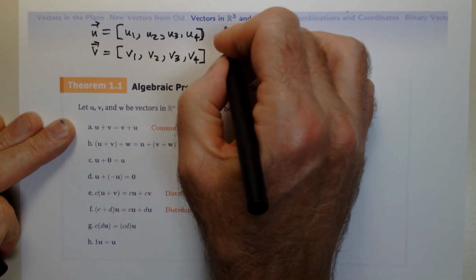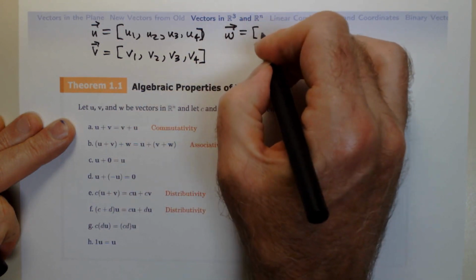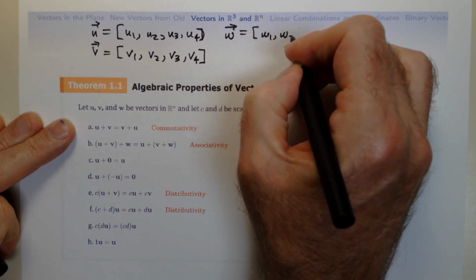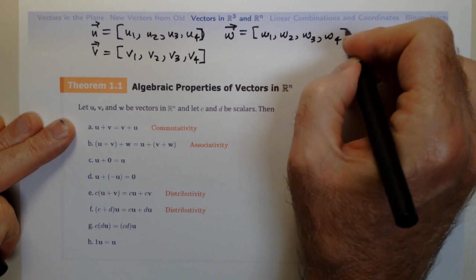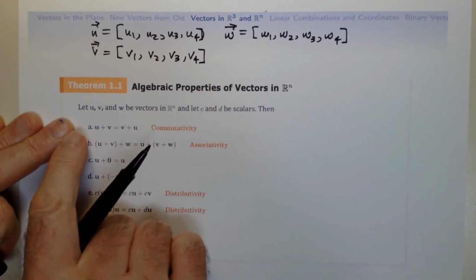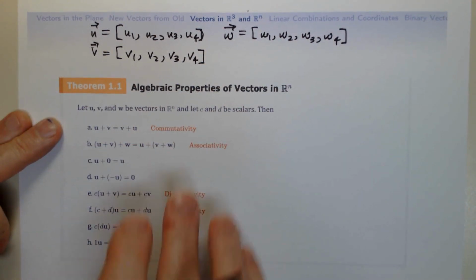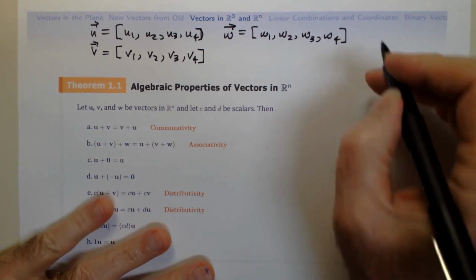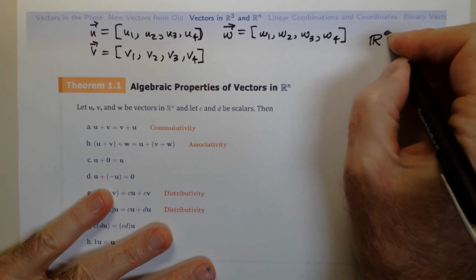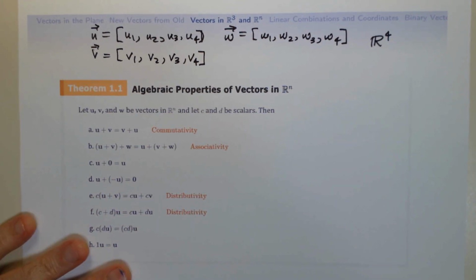And then we'll have a vector w. We won't need w at first because we just need to work with u and v in this first one, but we'll bring that in part B. We'll have it ready for us here. So we've got u, v, and w, and all of these are members of the 4-dimensional Euclidean space R4.